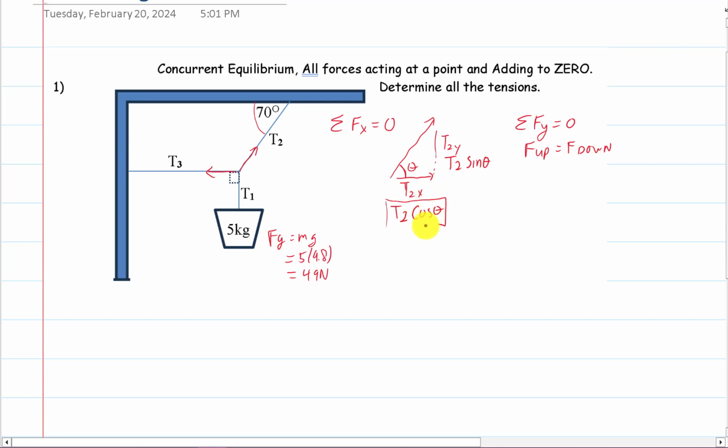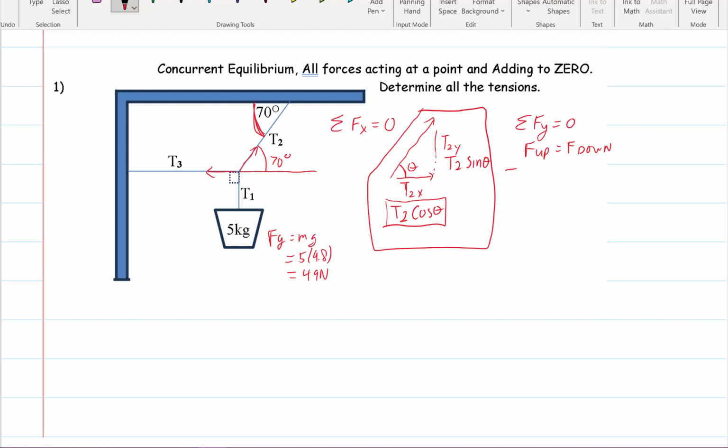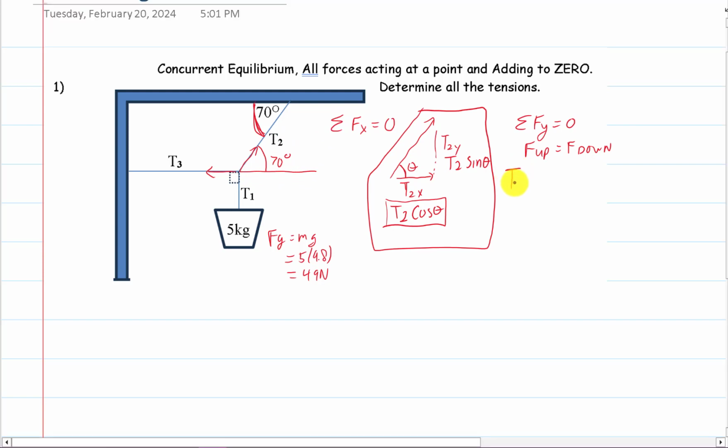That's from our vectors, breaking into components. The angle here is 70 degrees, so this angle here is also 70 to the horizontal. So the force up is T2 times the sine of 70, and the force down is 49 newtons.